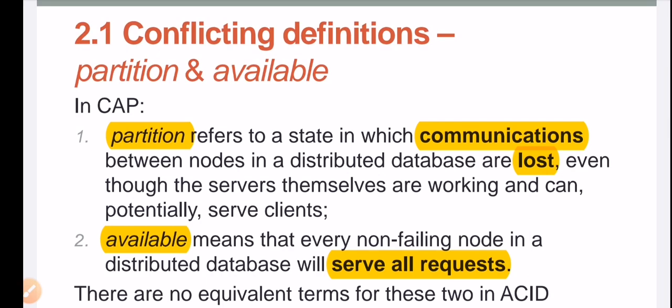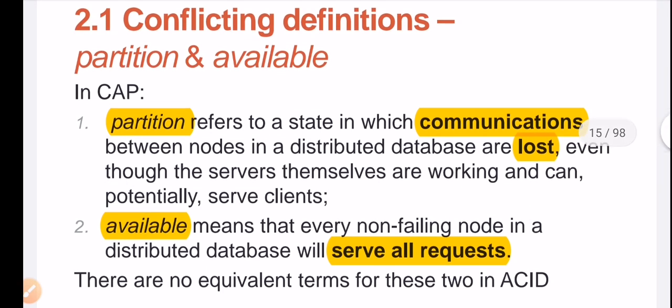Consistency. In CAP, consistency means atomic consistency, which means that each update should appear to be instant. Any update we make on any server or node should be propagated instantly to all other nodes. So we keep the consistency in this system.